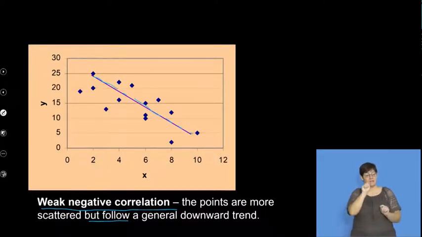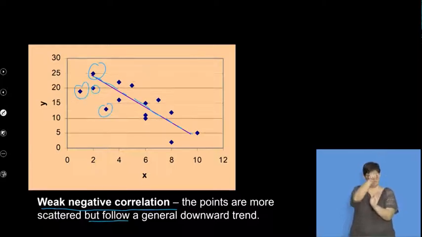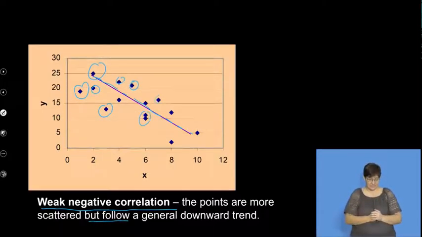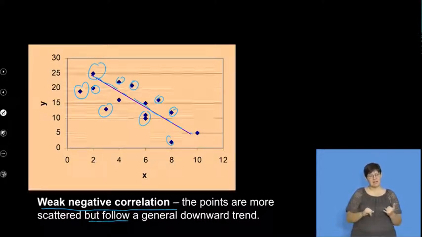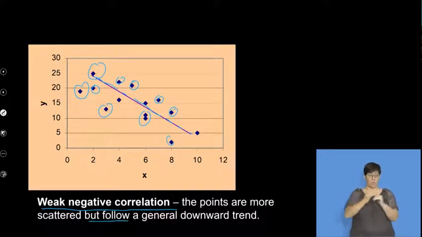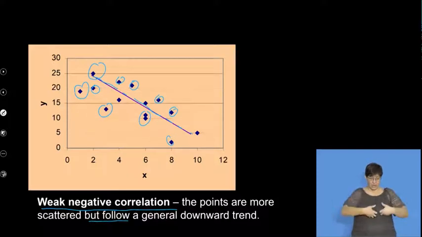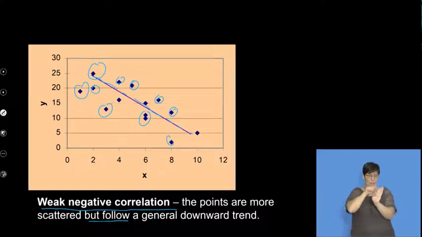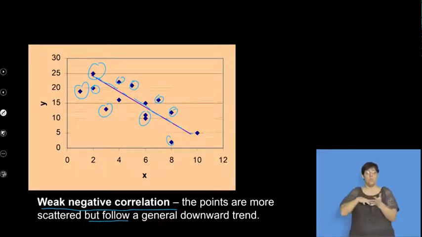Those are some of the points, okay? We can draw a straight line with a negative gradient, and the points are slightly closer to the straight line. Hence, we can conclude a weak negative correlation or association. Okay, fantastic.